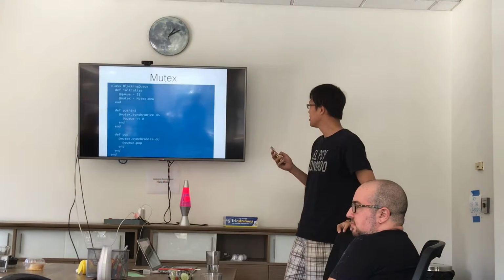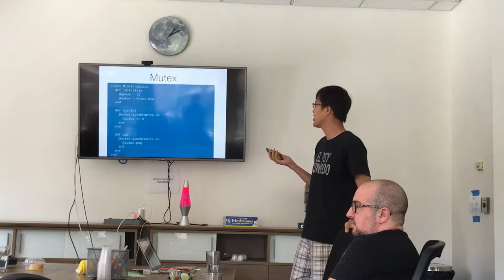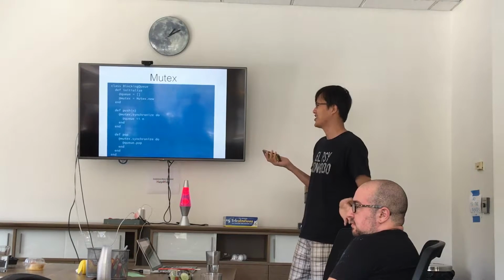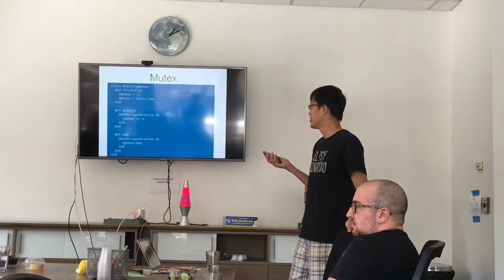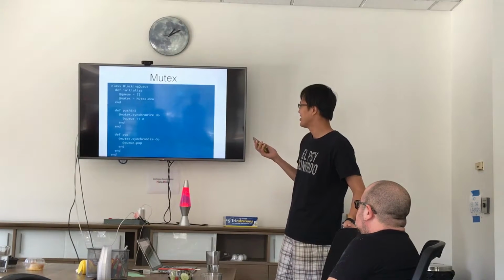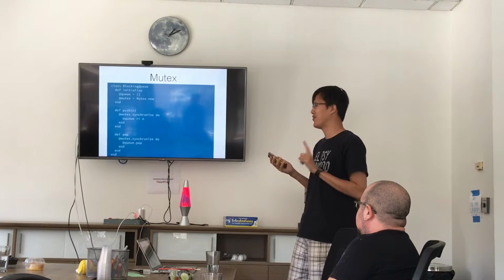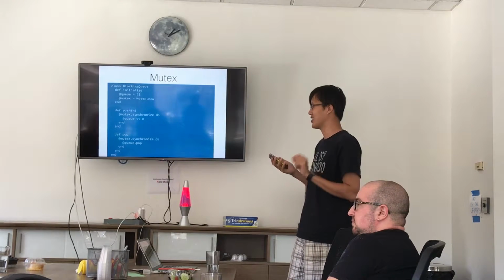Here is a thing called a blocking queue, which is a thread-safe data structure. It means that when you push, you synchronize on the lock to make sure that only one thread can push to this data structure at the same time.